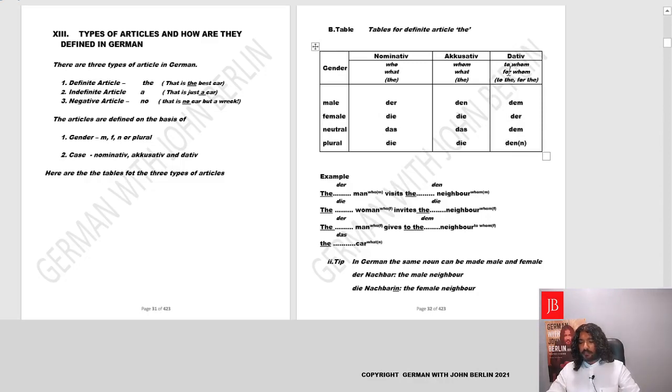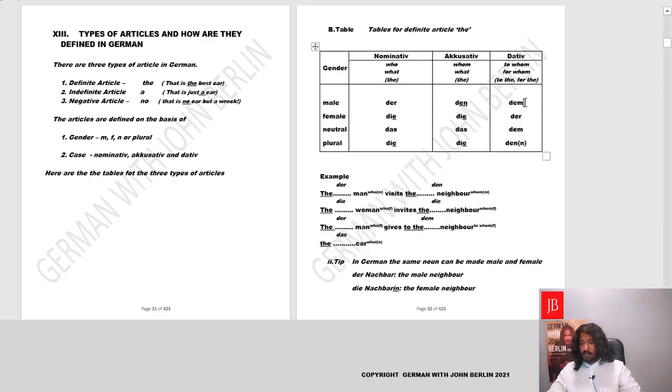Fantastic. Now, before I get into the logic of these articles, let me just show you the endings of these articles which are important. In der, die, das, die, we must remember the ending of der and die. I'll highlight it. We also need to remember the endings of den, die, and das. Let me underline it.